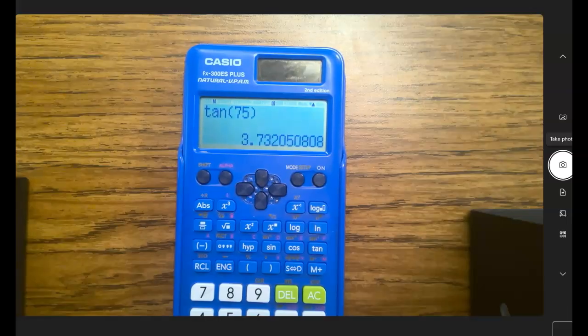Again, I need 4 decimal places here. What would this decimal be? 3.7321. That fourth number is a 0.